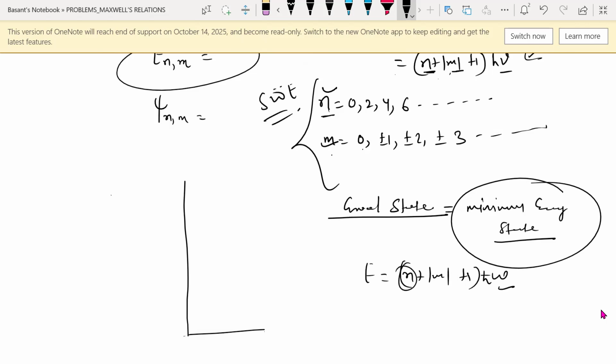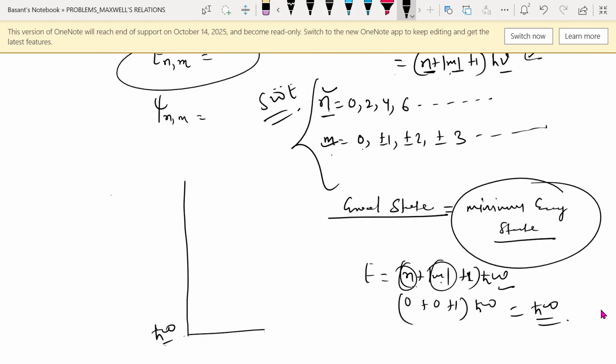So n and mod m are minimum, equal to 0, 0, and plus 1 is in the equation. So the ground state energy term is h bar omega.